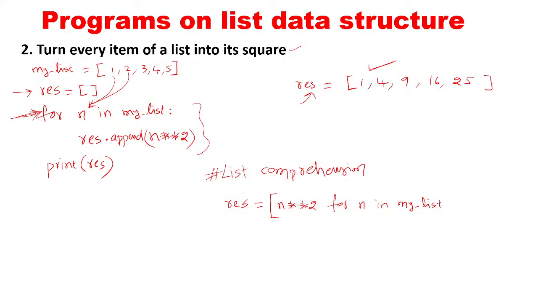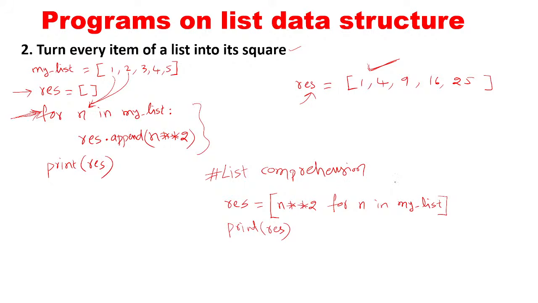Got it? This is how you can use a simple list comprehension here. Everything is in one line. Now if you print the resultant list, it prints the result like this. See how easy it is. This is called a list comprehension.